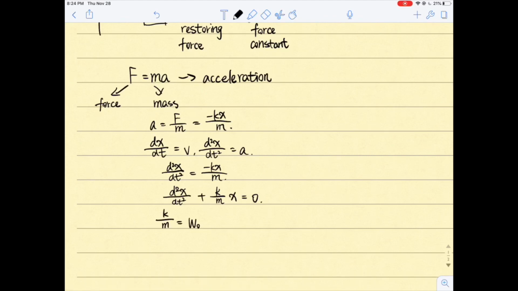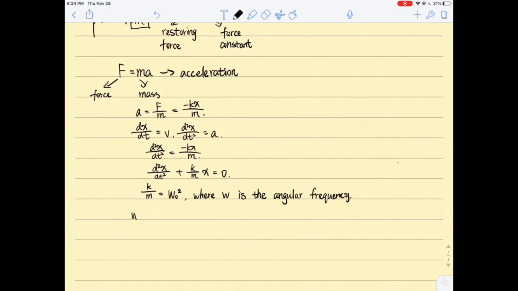Since k over m equals omega squared, where omega is the angular frequency, we get the second derivative of x plus omega squared x equals 0.